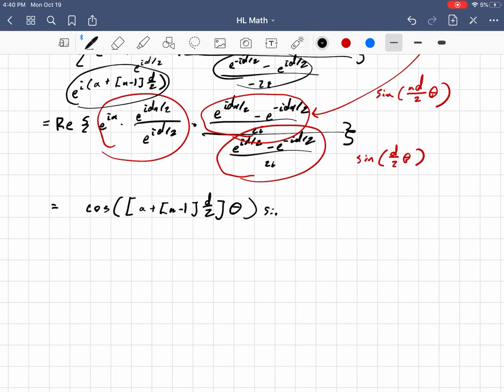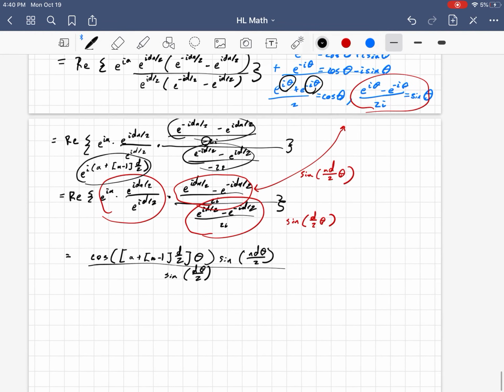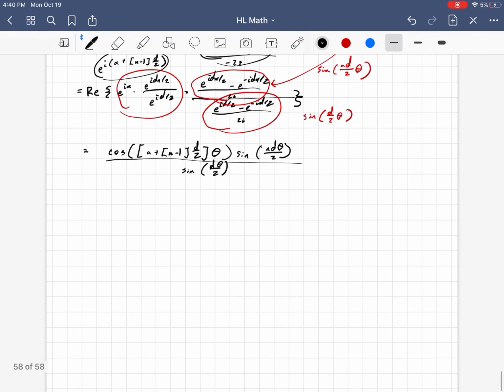Now we have the sine of nd theta over 2 over the sine of d theta over 2. And that right there is the formula for the sum of cosines where the angles form an arithmetic progression.